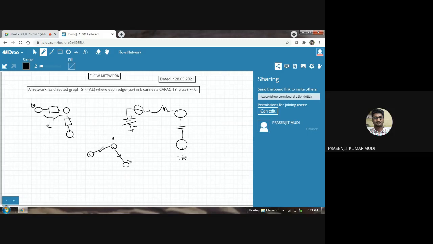So minimum impedance will yield the highest current flowing through that branch, and maximum impedance results in minimum current flowing along that branch. So there is a range of impedances, and consequently there will be a range of currents. So minimum current, maximum current.